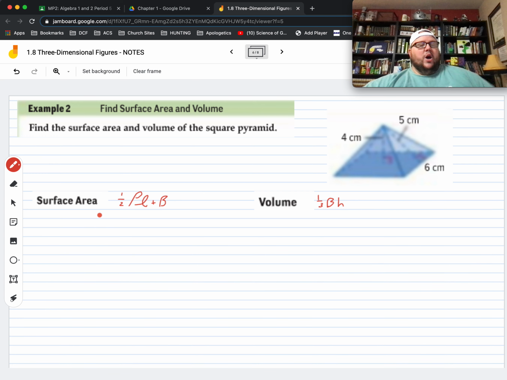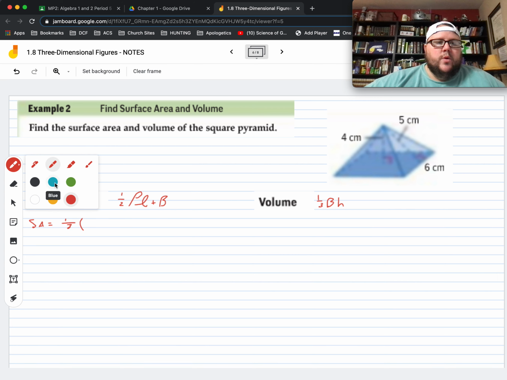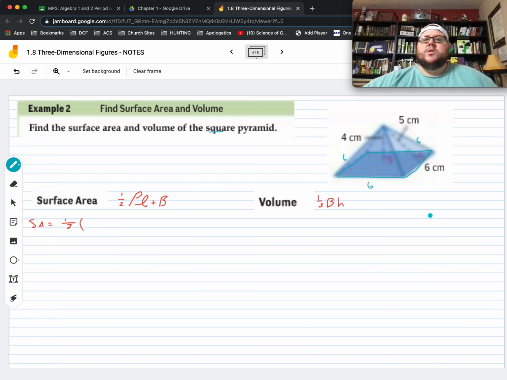Okay, so I'm just going to go ahead and plug into my surface area. So I say SA equals 1/2 times, I will show you the perimeter is this here. Well, we know that it is a square, so each one of these sides is 6, right? So the perimeter of a square is 4 times the length.